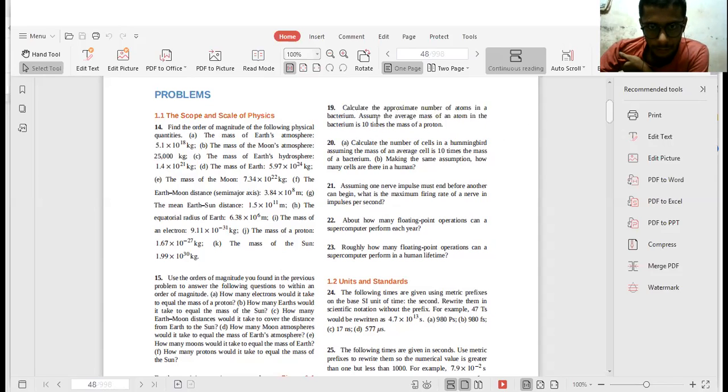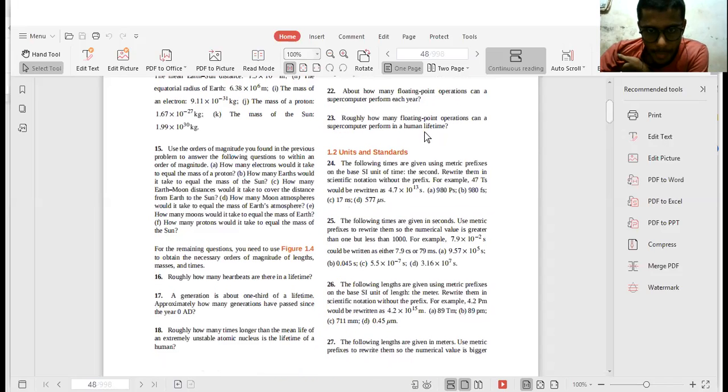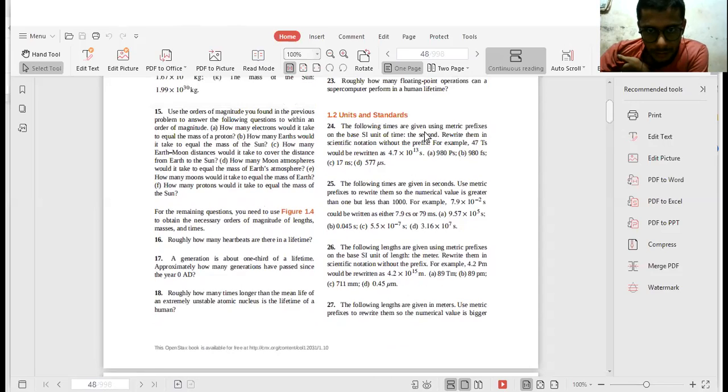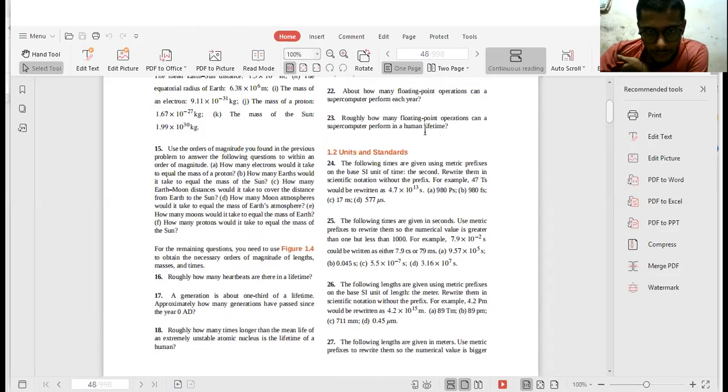That would give me the number of atoms, not the weight, sorry. Then we have: calculate the number of cells in a hummingbird, assuming the average mass of a cell is 10 times the mass of a bacterium. Again, here it's an assumption. You have to assume it. It's not given actually, or maybe they have given it in the appendix. I don't think so.